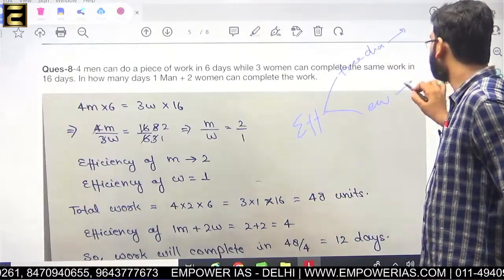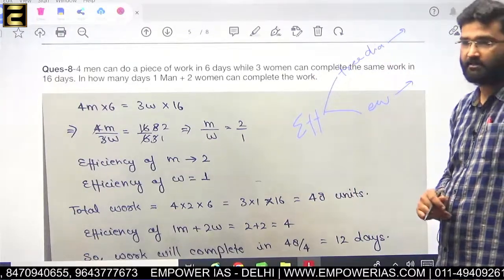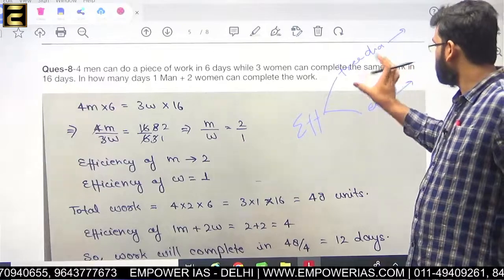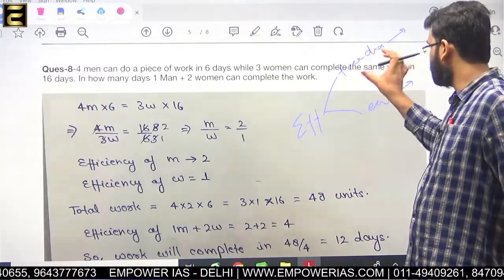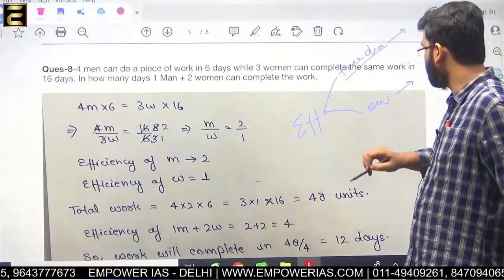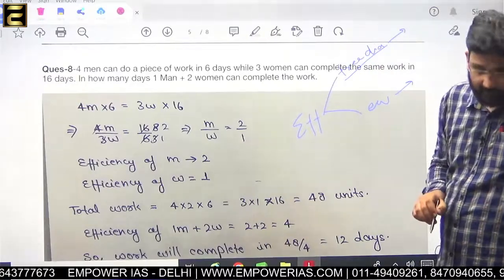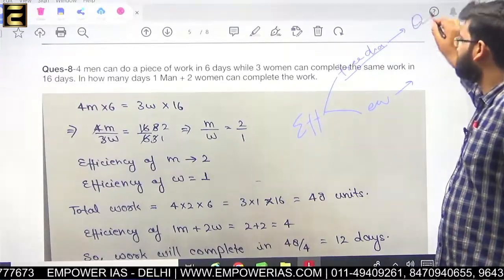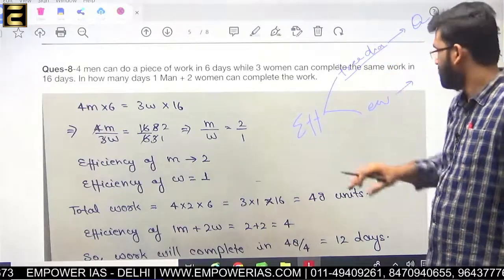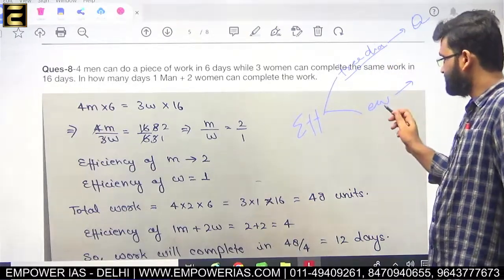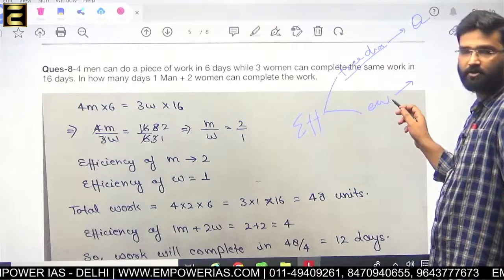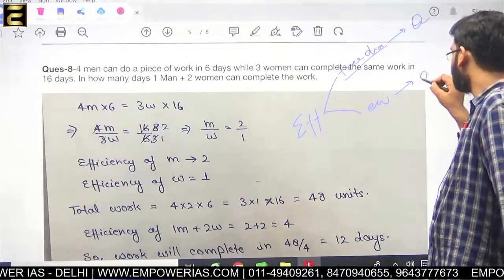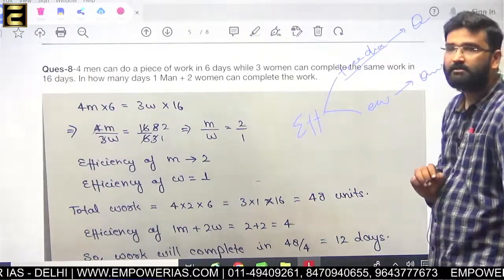See, math is totally different from the humanities subjects. So when you have written this tree diagram in your notes, try to mention the question also, any question which is based on this tree diagram. And when I say efficiency is calculated on the basis of equation, then try to mention the question number. Only that will suffice.